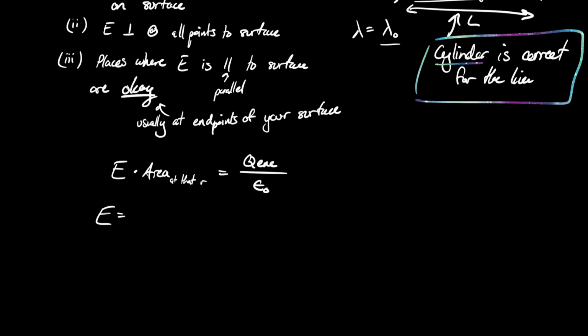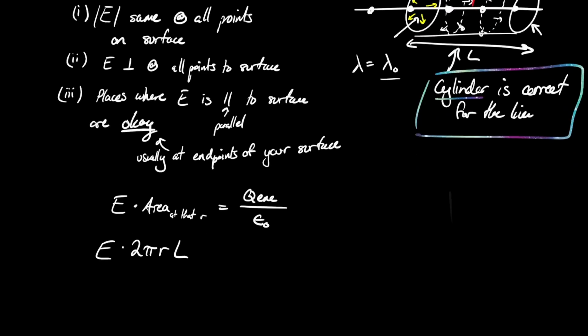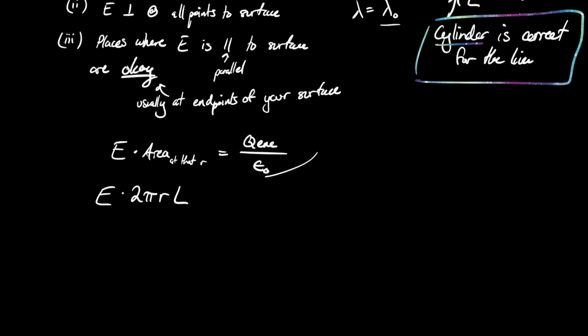So area, I'm going to replace it with 2 pi r times L. And again, we haven't really picked how long our cylinder is, and it shouldn't really matter because any cylinder is equally as good. And we'll find that L drops out of the answer at the end, which is good.